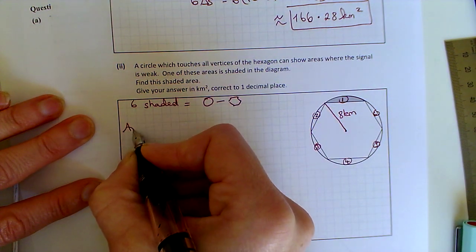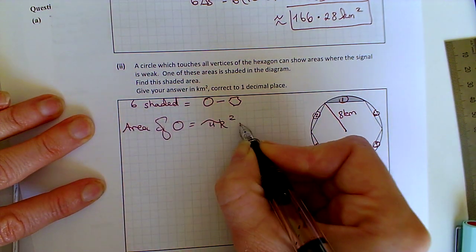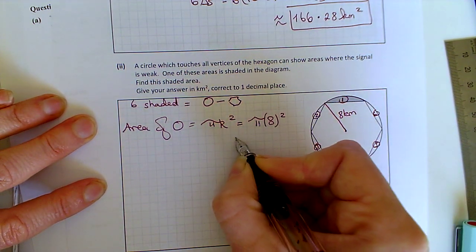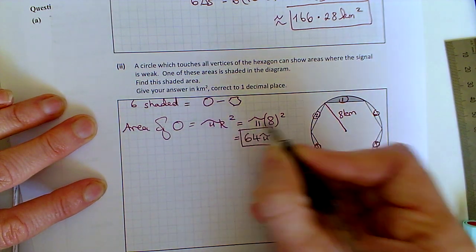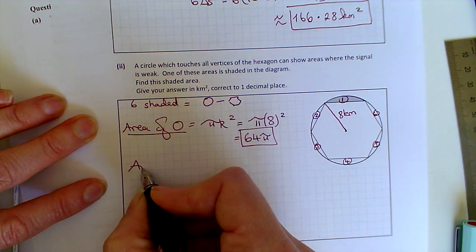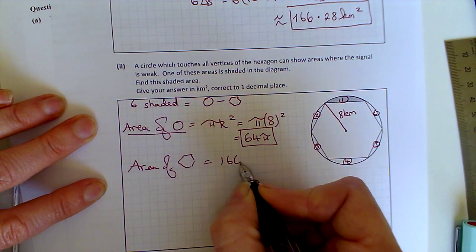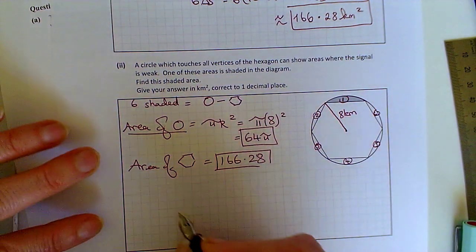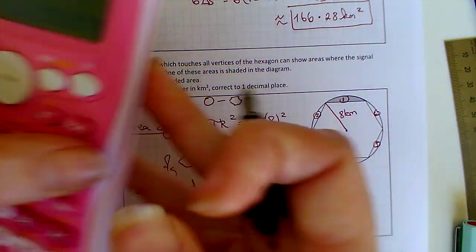If I can find the area of the circle, which I can, it's pi r squared, and that's pi by 8 squared, which is 64 pi kilometers squared if you want units. I already know the area of my hexagon because I found it up there: 166.28. I don't bother with my units till the very end, so 6 shaded will be the difference between those.